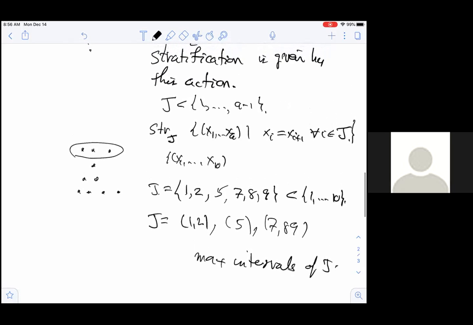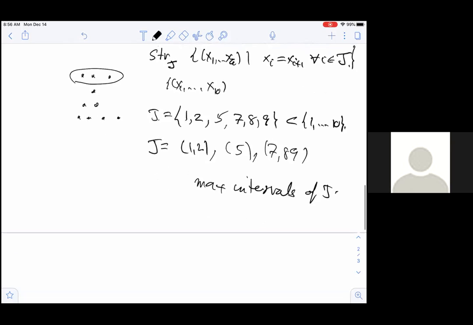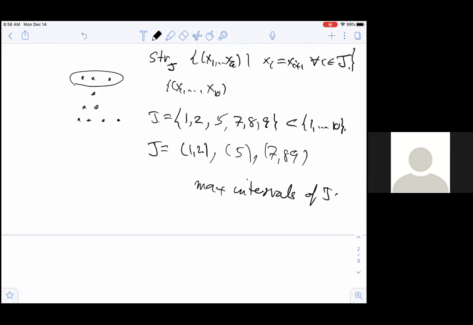So the local structure of the stratification: each of these intervals corresponds to, for example, that one corresponds to an R of dimension the length of that interval plus 1 with an action of the symmetric group, just permuting the variables.